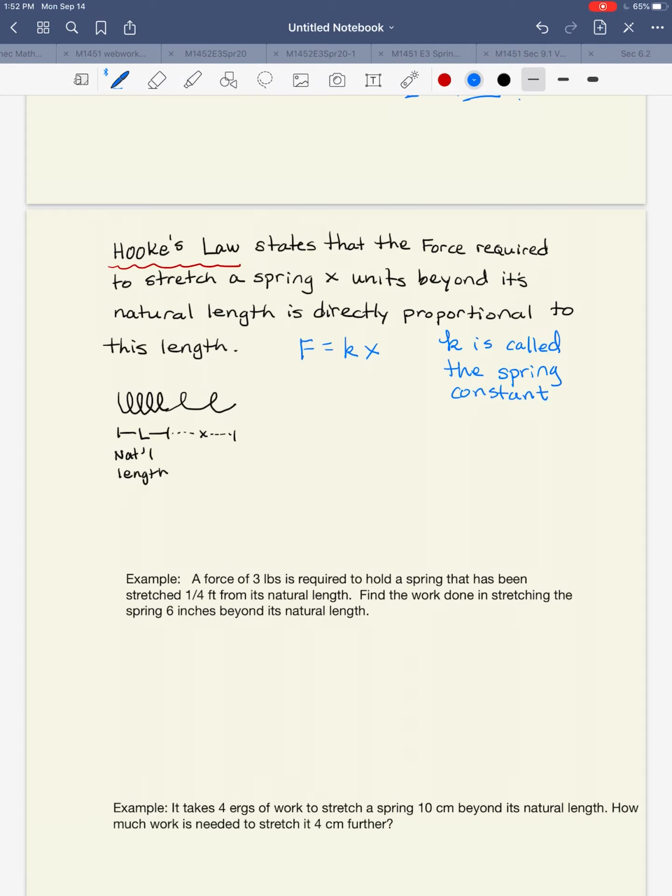We can discover what the value of the spring constant is, and then we can compute the work done in stretching this spring, which is just force times distance. So with Hooke's law, it's kx times dx. We take natural length as being 0 and distance beyond its natural length to be the number b.